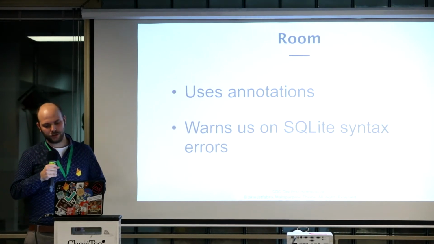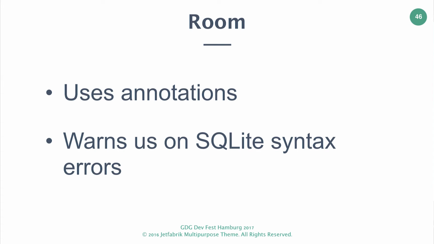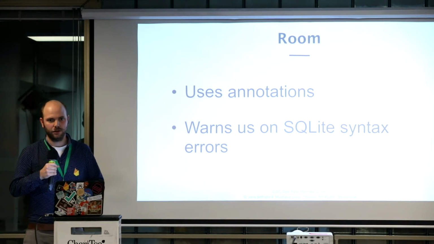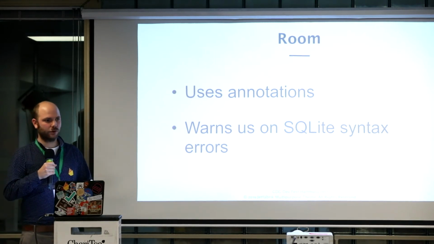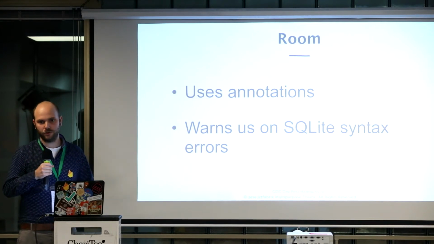And I think one of the biggest advantages of that, especially for developers that are just beginning with Android, is that Room has a mechanism that will validate the SQL queries that you're writing within the annotation. So if you make some errors, or if you're trying to query a table that you didn't define, it will let you know directly.